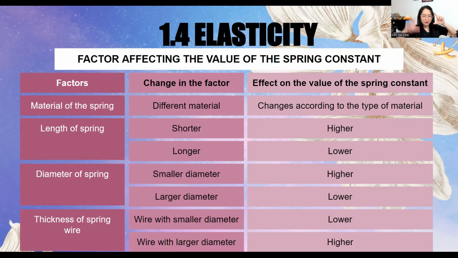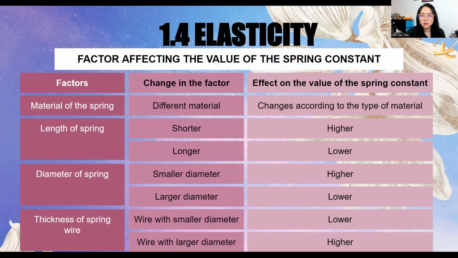If I have two types of spring, type A with a high spring constant and this one with a low spring constant, and I hook things on, both of the same mass, the one with the higher spring constant will extend only a little. But the one with a smaller spring constant will extend further. So that is the difference here, spring constant.